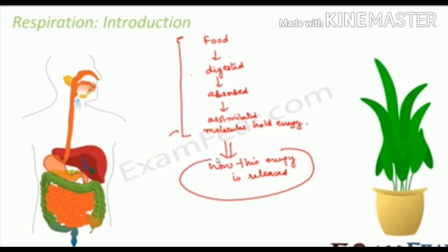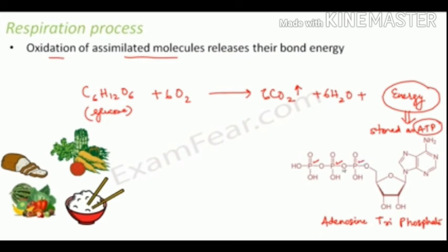This glucose is nothing but the assimilated molecules. So this glucose in presence of oxygen will give carbon dioxide plus water plus energy. And this energy is what we are looking at.